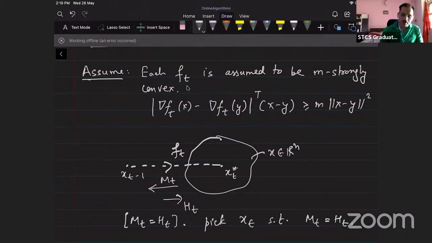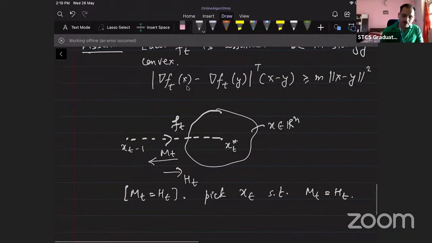So it's a reasonable algorithm. I don't know how to analyze this. We will look at a variant of this, which can be analyzed. The idea is not very different. It's just that this doesn't pick exactly where mt is equal to ht. We're going to pick something slightly different, using the properties that f is convex.